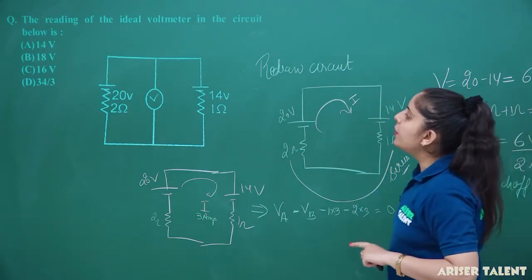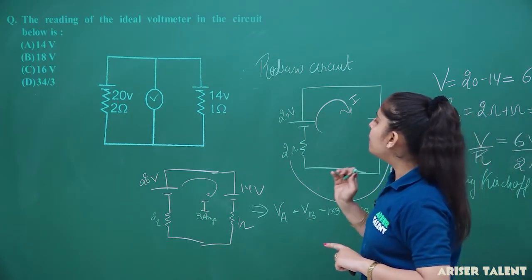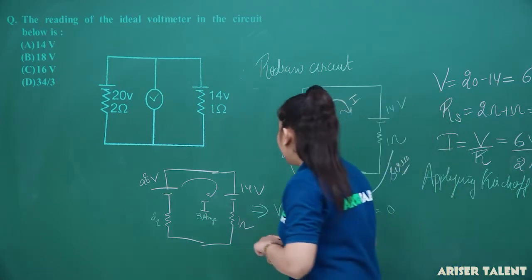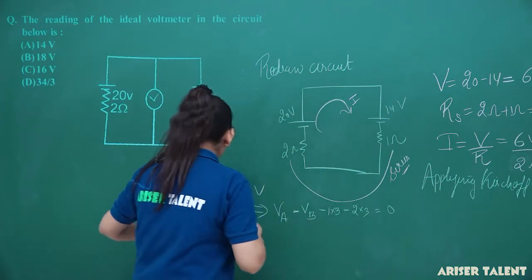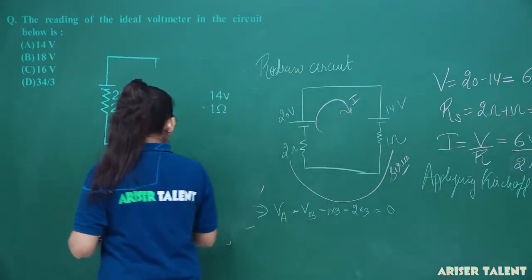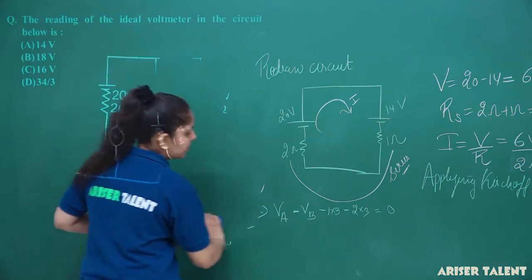You have to calculate the reading of the ideal voltmeter in this circuit. So we will assume that the simplified redrawn circuit can be drawn as this.